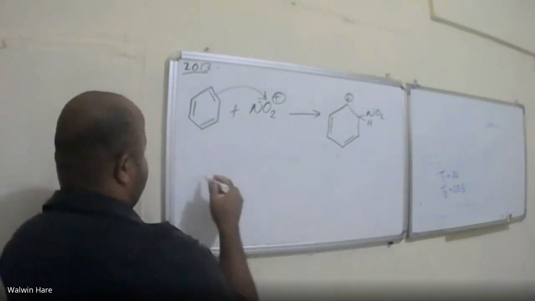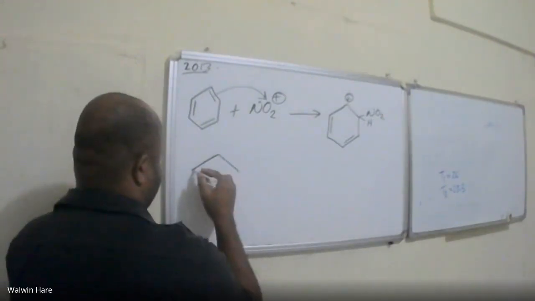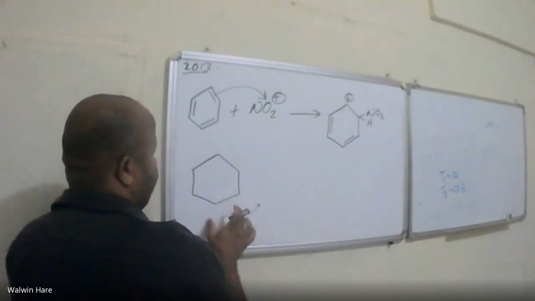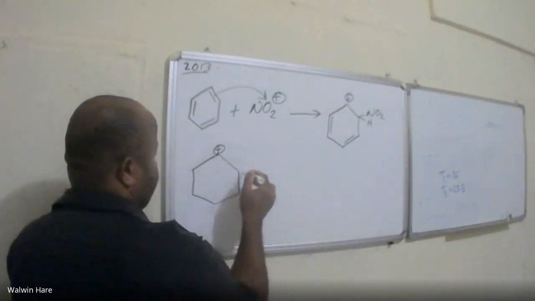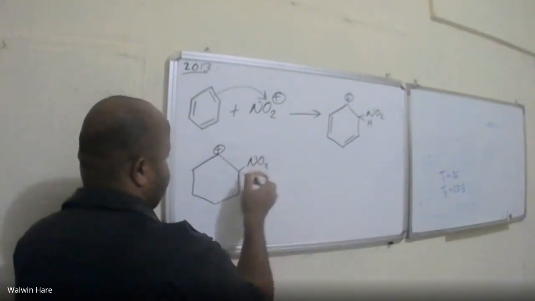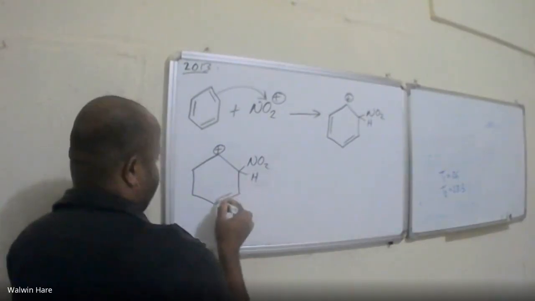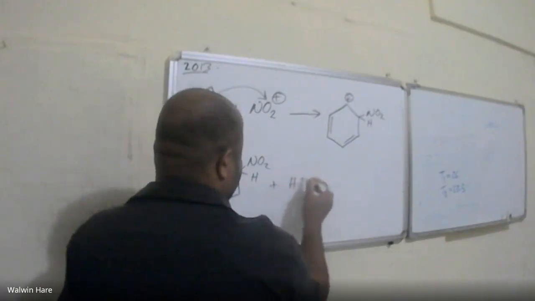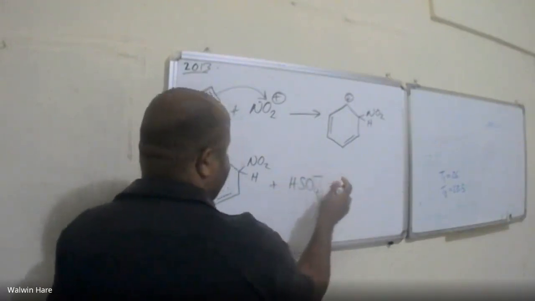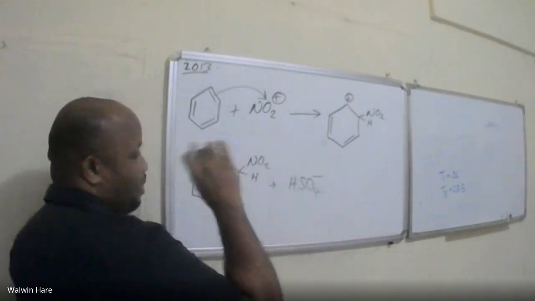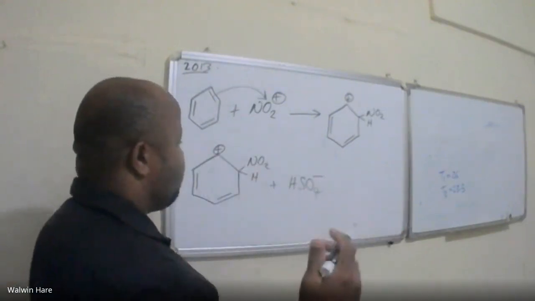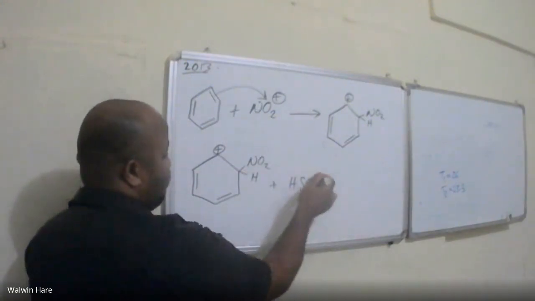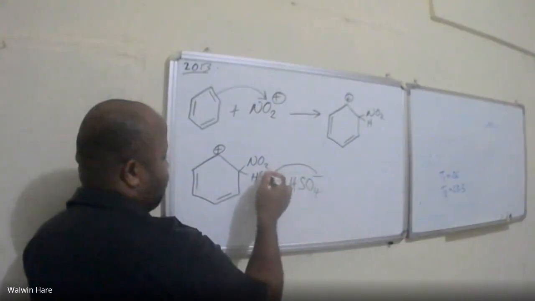In the second step, remember this ion from this step, where you just write the equation to generate the electrophile. So this ion will come back to remove a proton.